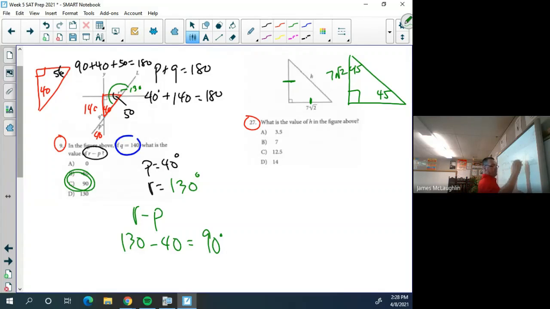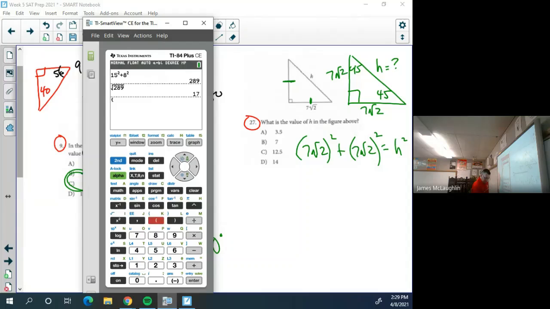So that's 7 root 2, and that's another 7 root 2. The question is, what is the value of H equal to? If you memorize 45, 45, 90, it's pretty straightforward. If you forgot, then it's going to be 7 root 2 squared plus 7 root 2 squared is equal to H squared.